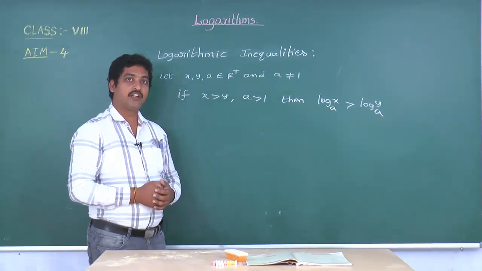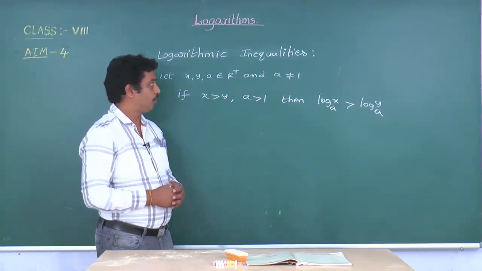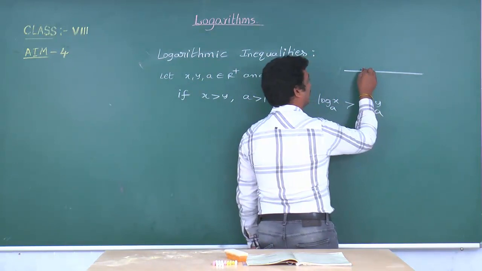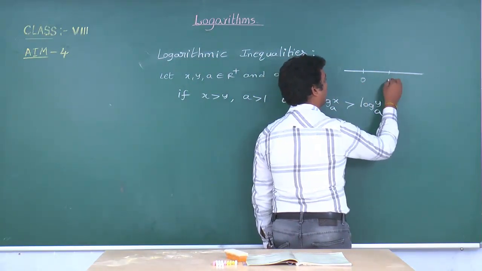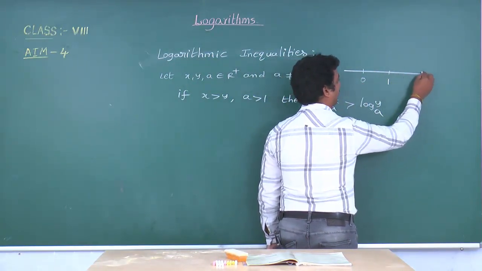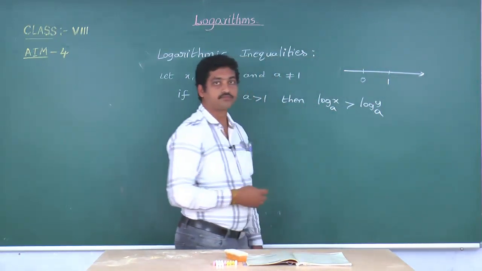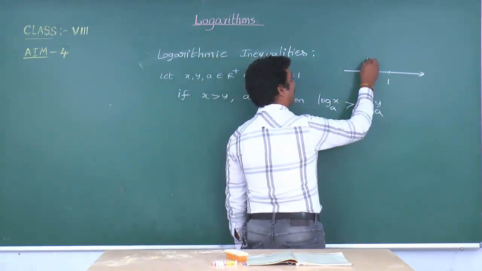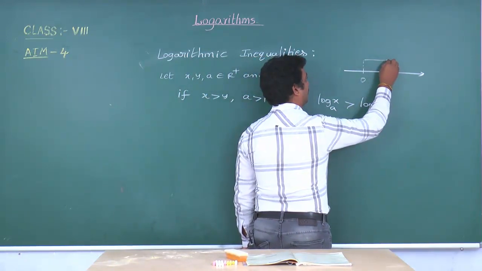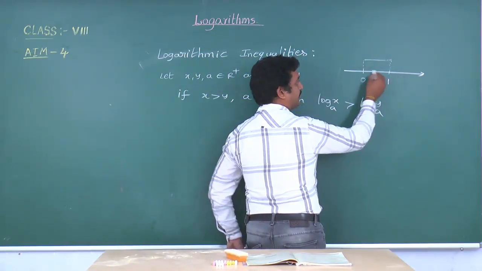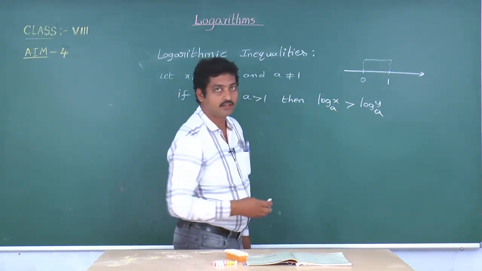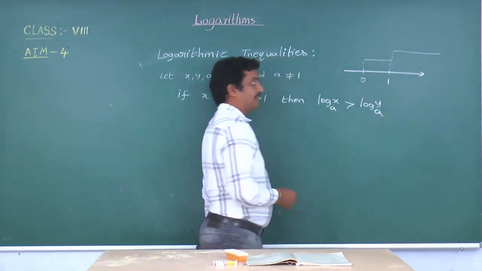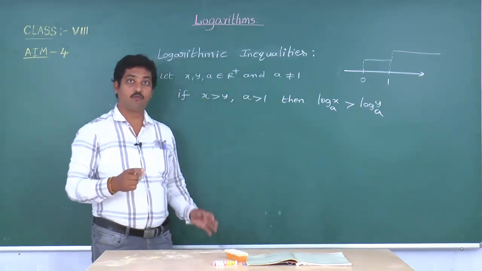we can divide that interval into two parts. Let us see here. This is 0 and this is 1, and more than 1 is this. In this interval we can take the a values between 0 to 1 and a values between 1 to infinity.